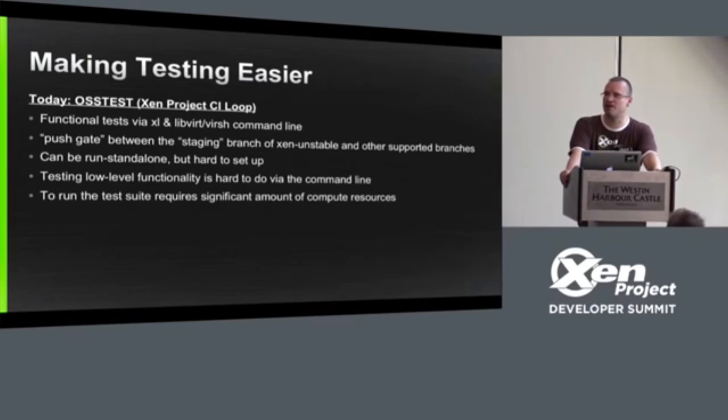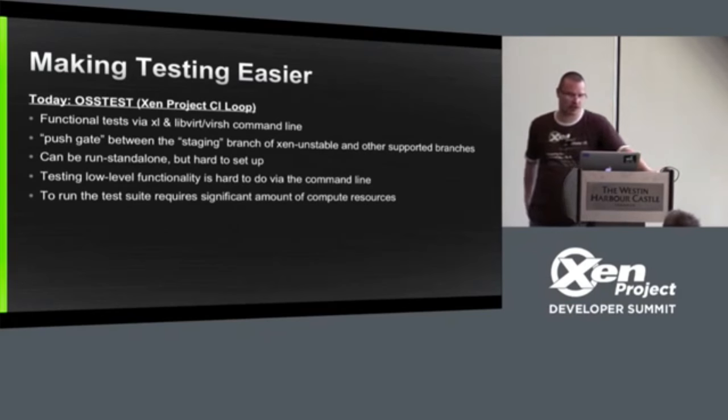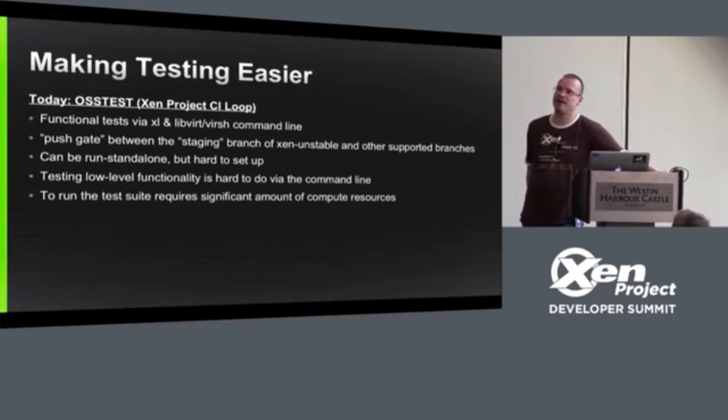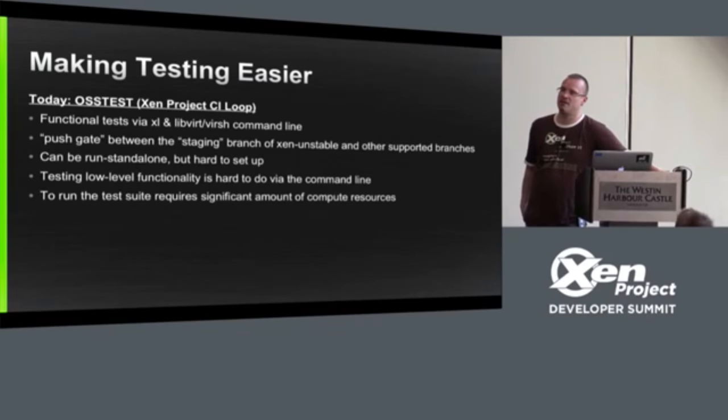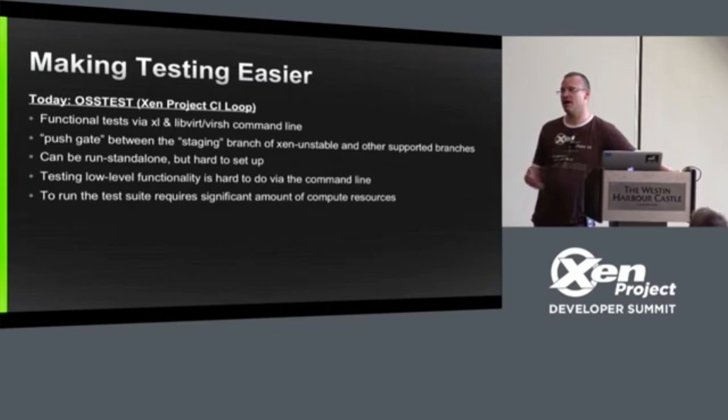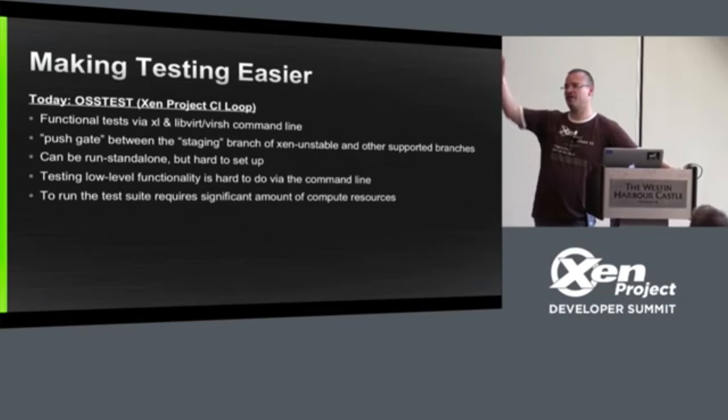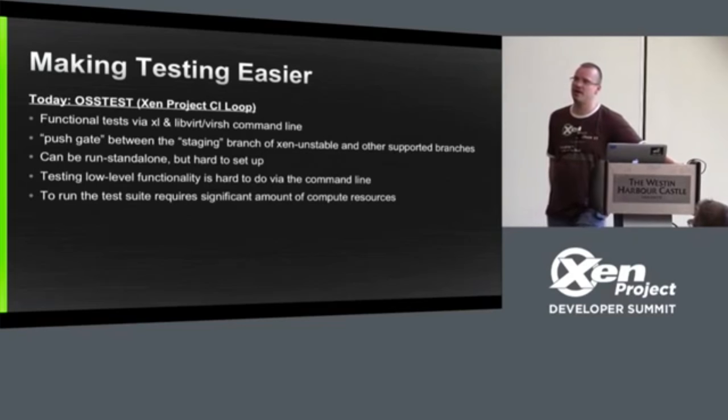Basically on a cron job, when there's enough time, a set of changes pushed to staging gets tested. And when a test succeeds, that set of changes gets pushed to master and goes in.